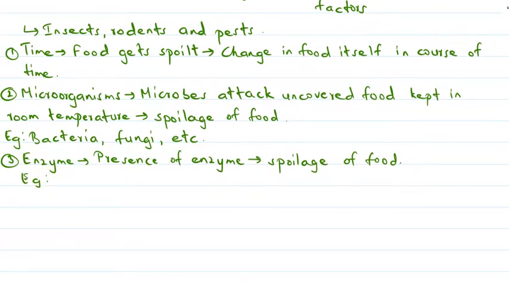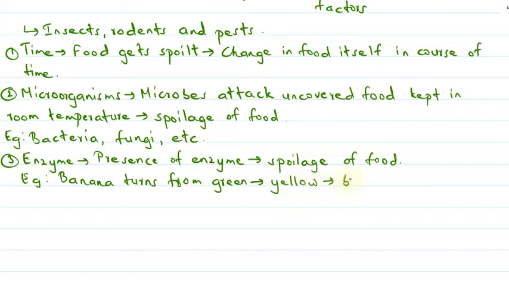We know the fruit banana. A banana turns from green to yellow, then to brown.